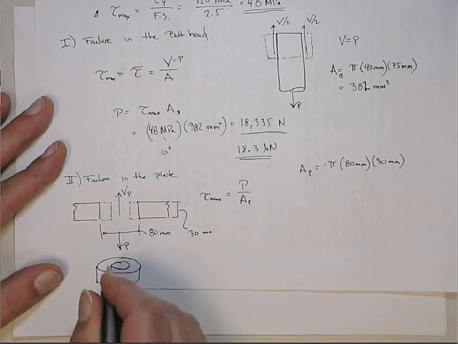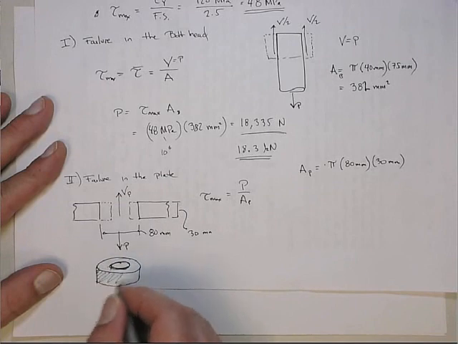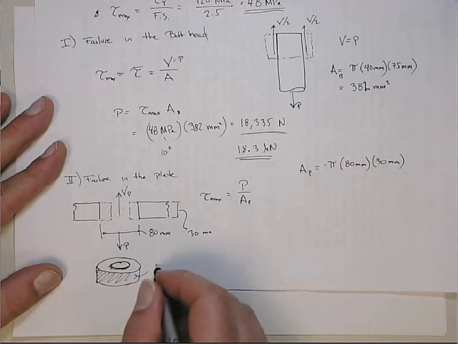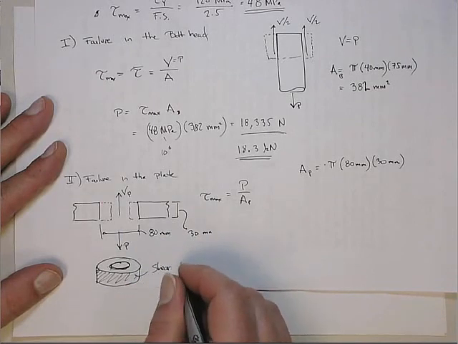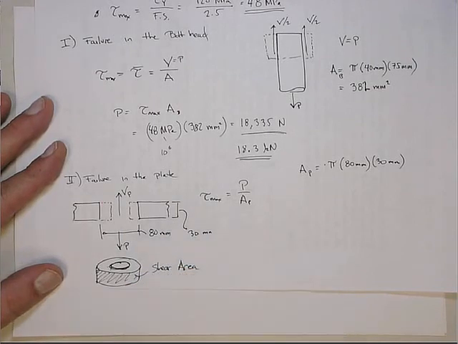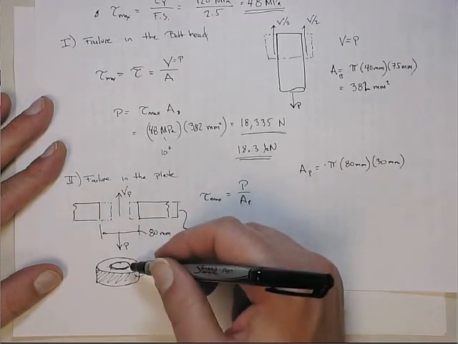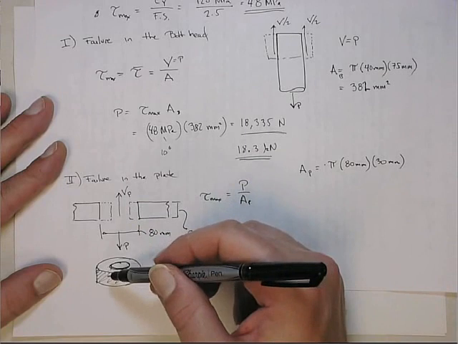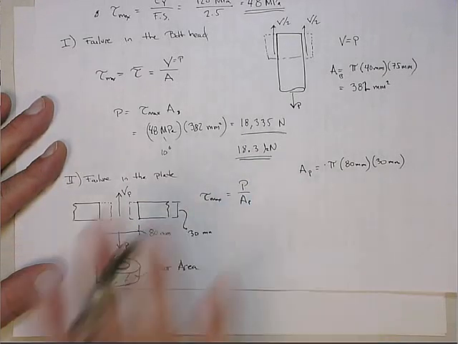Oops, sorry. I should draw it like this. So it's this area here, the one that fits into this plug. This is the shear area, just to be clear about it. You can imagine it's taking this. This is what we pulled out. So this has got the V acting on it. P going down, V acting up.